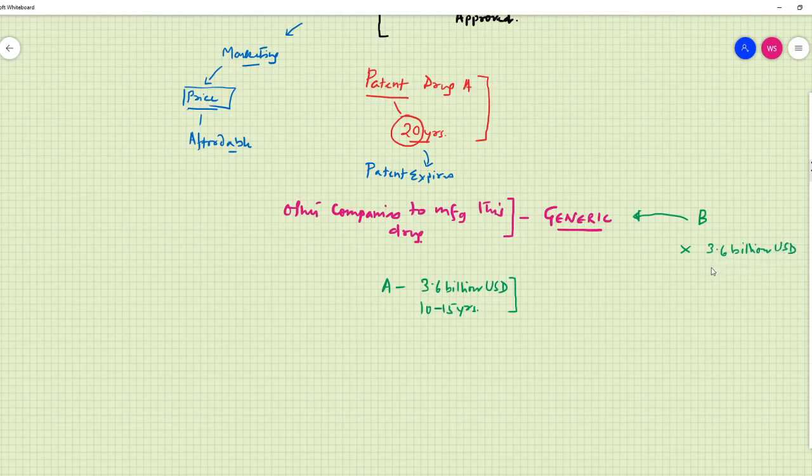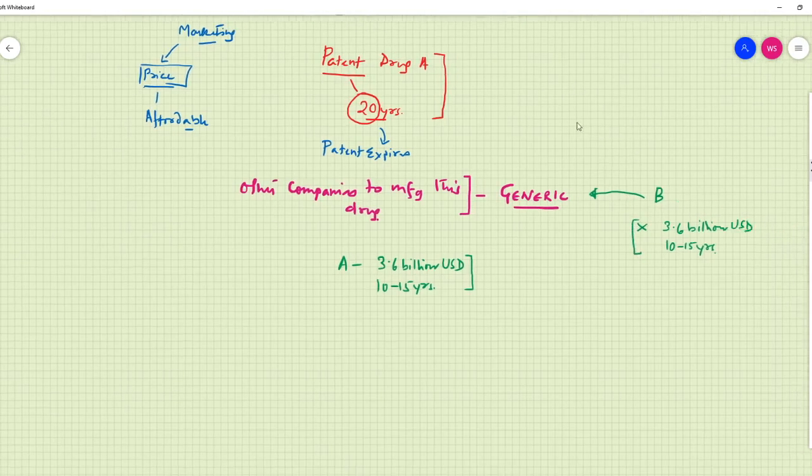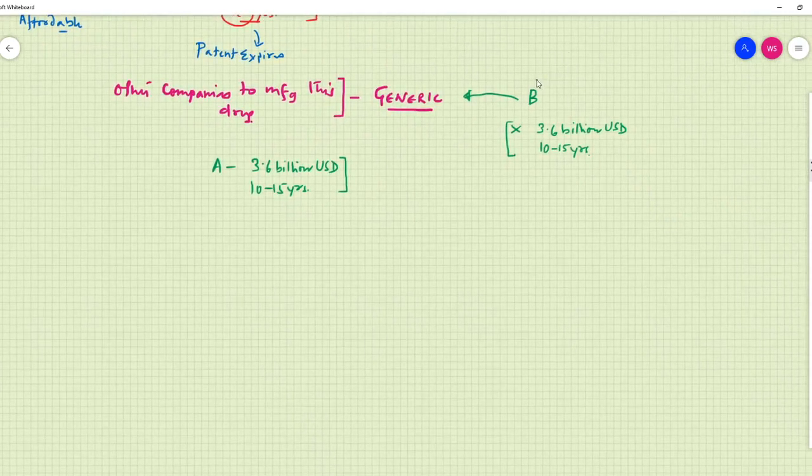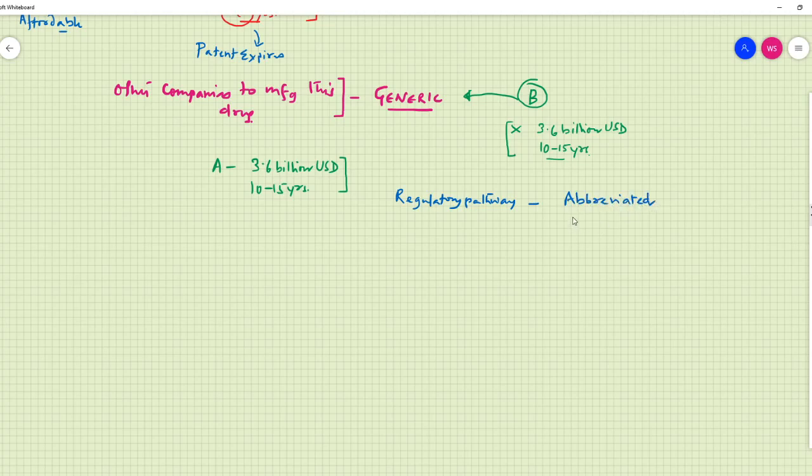Okay, and they also cannot afford to work for 10 to 15 years. Okay. So the idea is, this company, even with limited resources, should be able to produce this drug without spending 10 to 15 years. So the regulatory pathway is an abbreviated pathway.